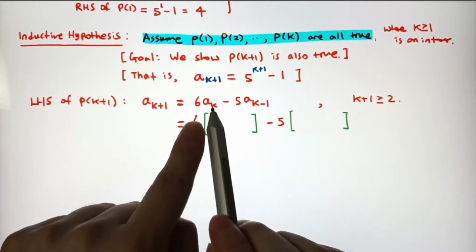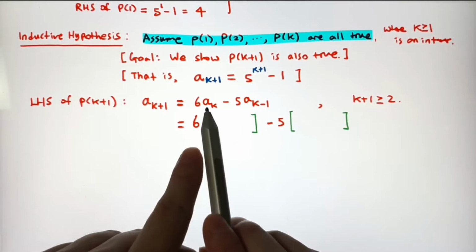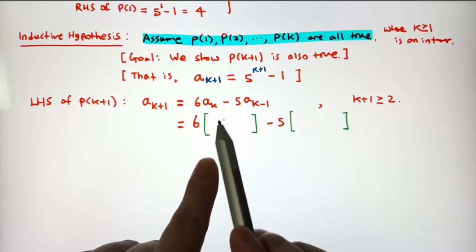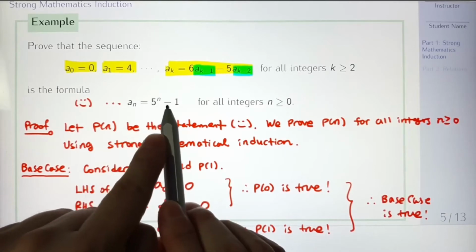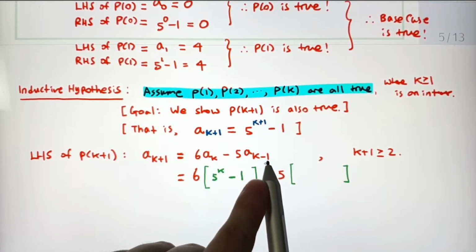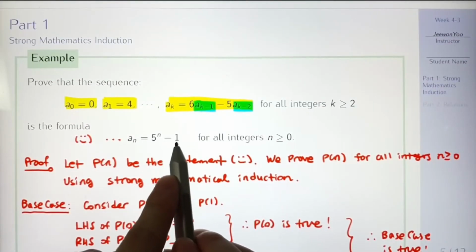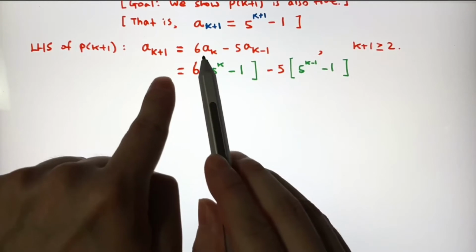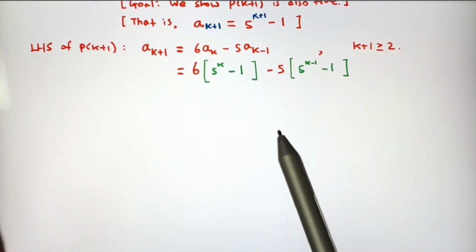So 6 times a_k minus 5 times a_{k-1}: a_k means 5 to the power of k minus 1, and a_{k-1} means 5 to the power of k minus 1, minus 1. The reason for this step is called the inductive hypothesis.